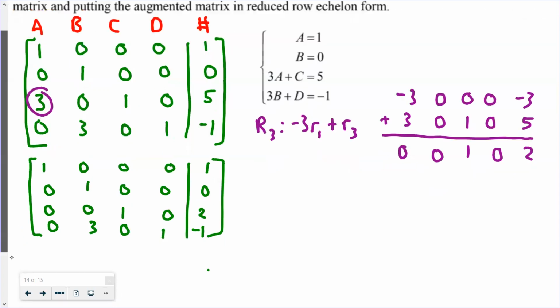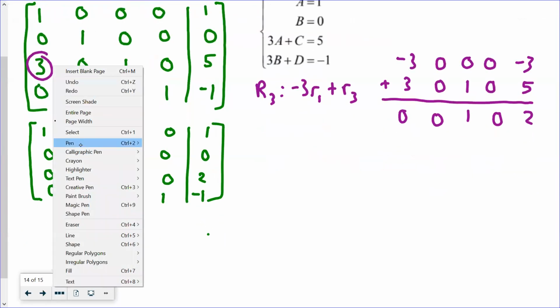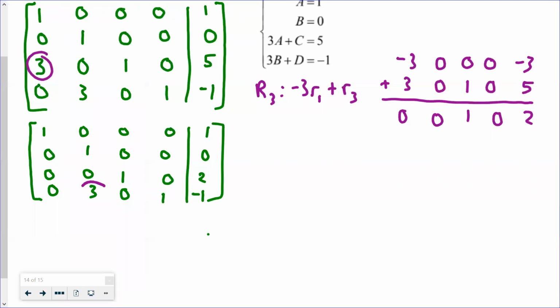Now I'm going to change my focus to the second column. The first column's good. I need to get rid of that 3. The only other row that has something there is row 2. So I'm going to times row 2 by -3 to cancel that out. So I'm going to get a new row 4. To do that, I'm going to do -3 times row 2 plus row 4.